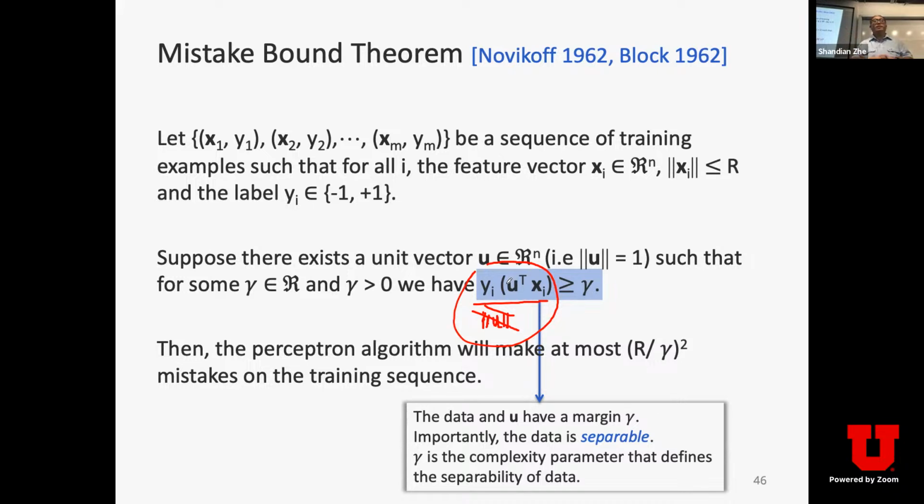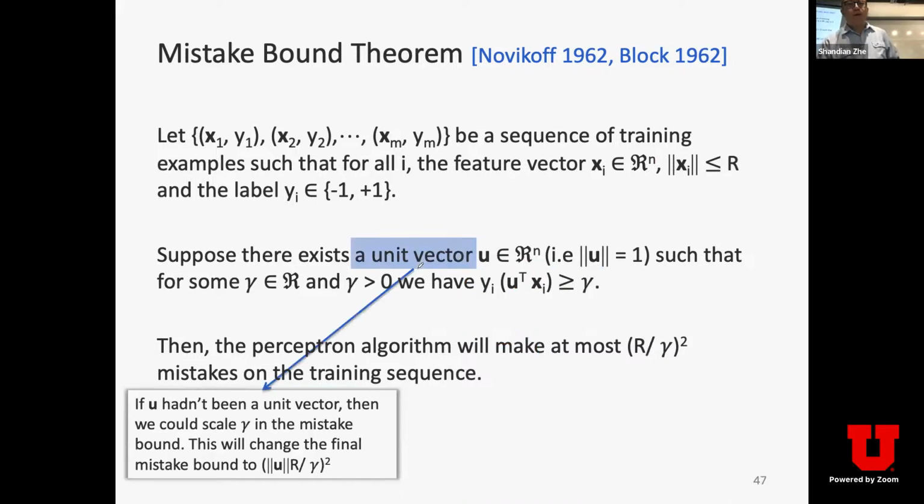So gamma provides the margin information for this separating hyperplane on the training set. But one might ask, what if I do not assume u is a unit vector?